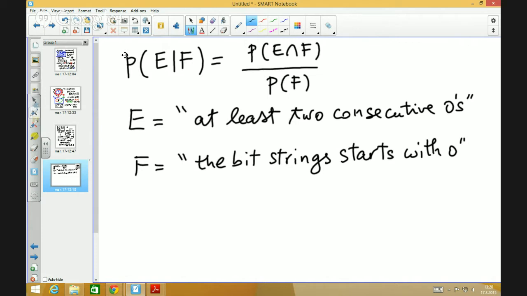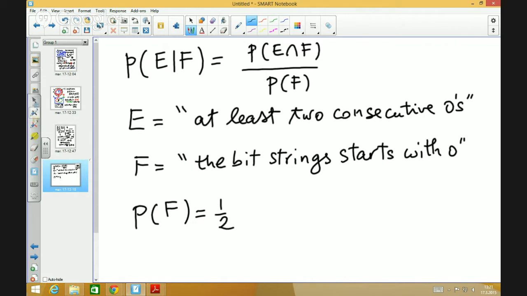Okay, so what is the probability that the bit string of length 4 starts with a 0? It's a half. Okay, so the probability of F is a half.